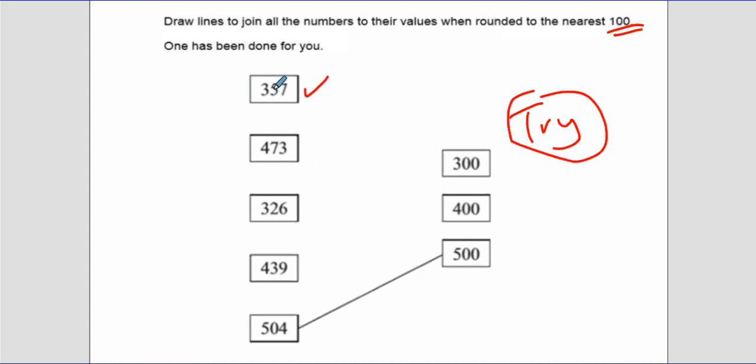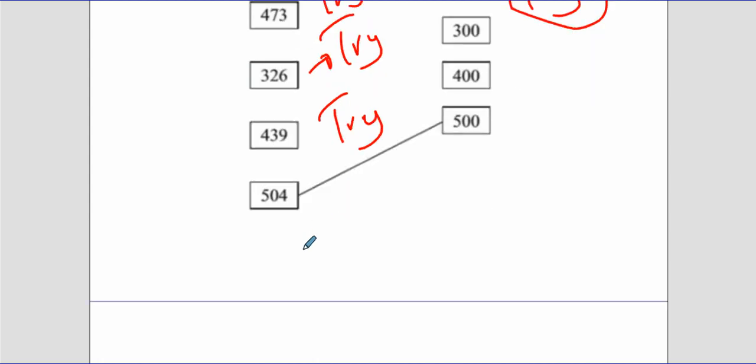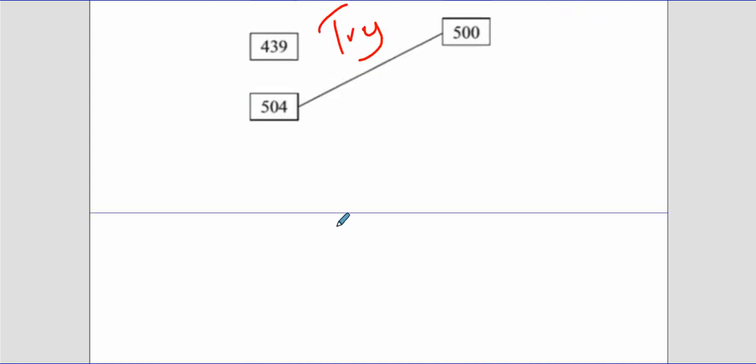The answer you get, match it with this answer. The first one has been done for you as an example, so you can try all those. Try the entire question, so that you can try.